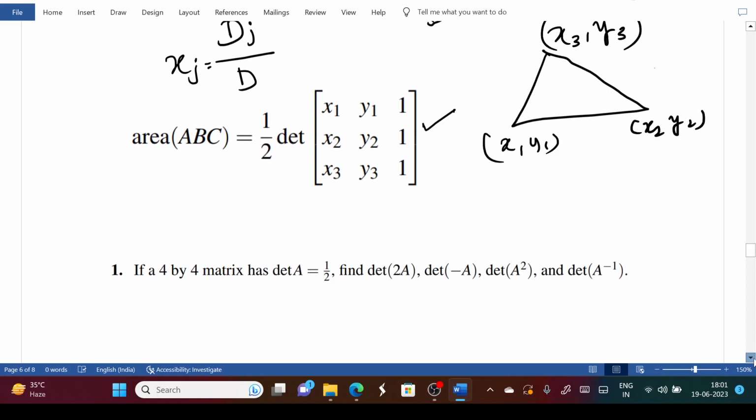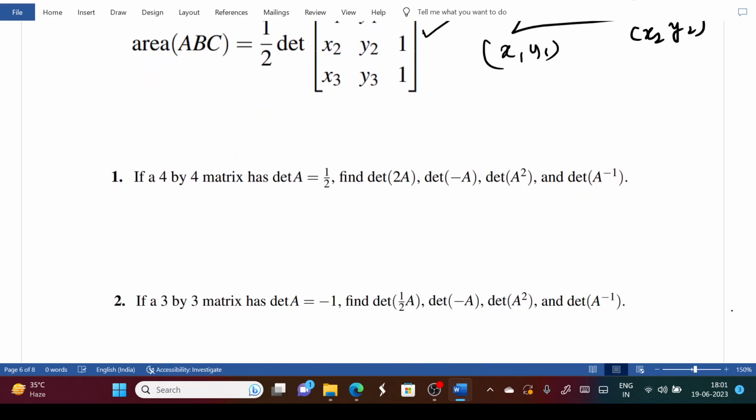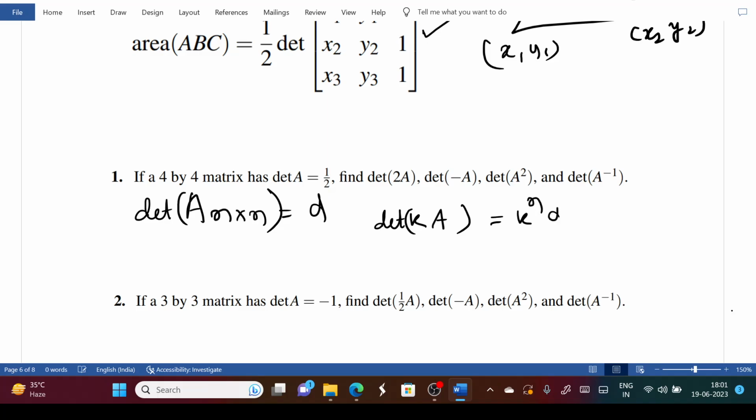We know that for an n by n matrix A with determinant D, K into A has determinant K to the power n into D. Now applying this formula, what about determinant of 2A?